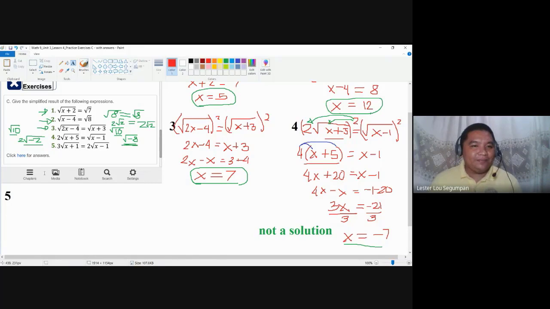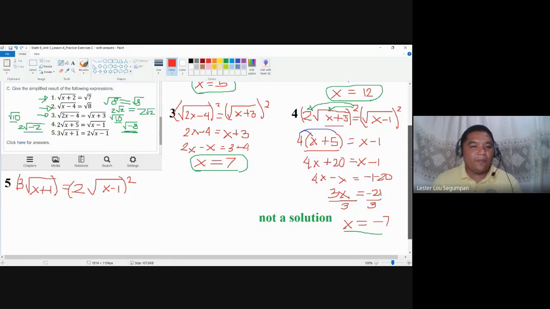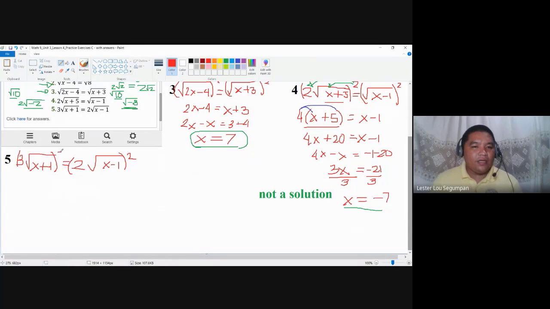So number 5, you have 3 square root of x plus 1 is equal to 2 square root of x minus 1. So we square both sides because we are under square root. So again, distribute the exponent.